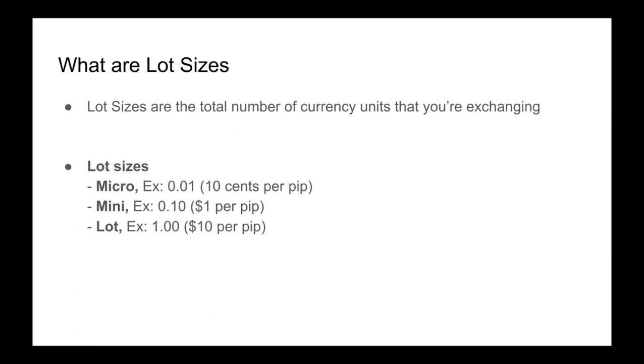It's happened to me. I've done it probably 3 or 4 times before, but I learned that really understanding lot sizes and pips is how you stay in the game.